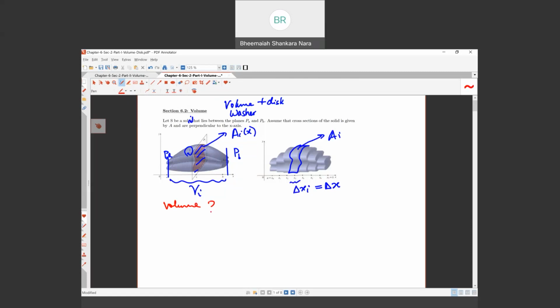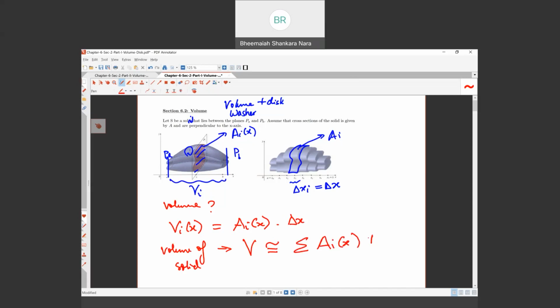So here is the formula for finding the volume. Volume is area, which is represented by A sub i, times the width, which is delta x. So volume of the solid is given by capital V. This is not exactly equal to, so this is approximately the summation of A sub i times delta x.